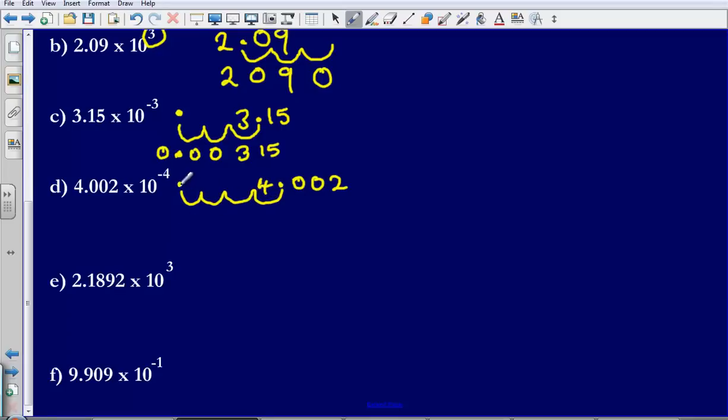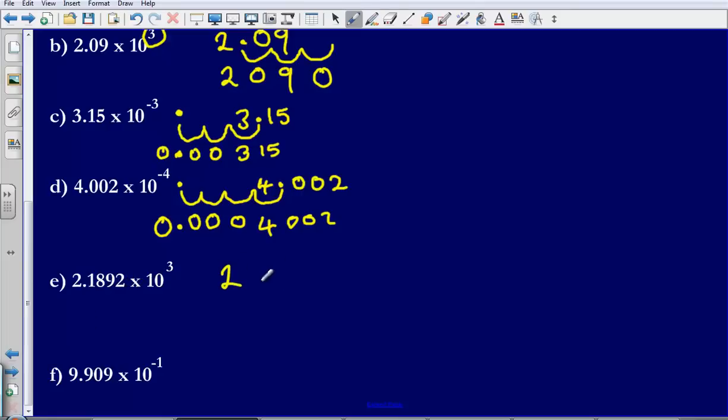So my decimal point is now going to be there. So I'm going to have 0.0004002. So my answer to this, writing this as an ordinary number, would be 0.0004002.